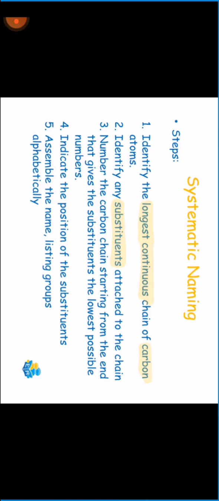Number the carbon chain starting from the end that gives the substituents the lowest possible numbers. Indicate the position of the substituents, that's using the numbers that you'll have numbered in step 3. And then assemble the name listing everything alphabetically. So the groups alphabetically, that must happen.